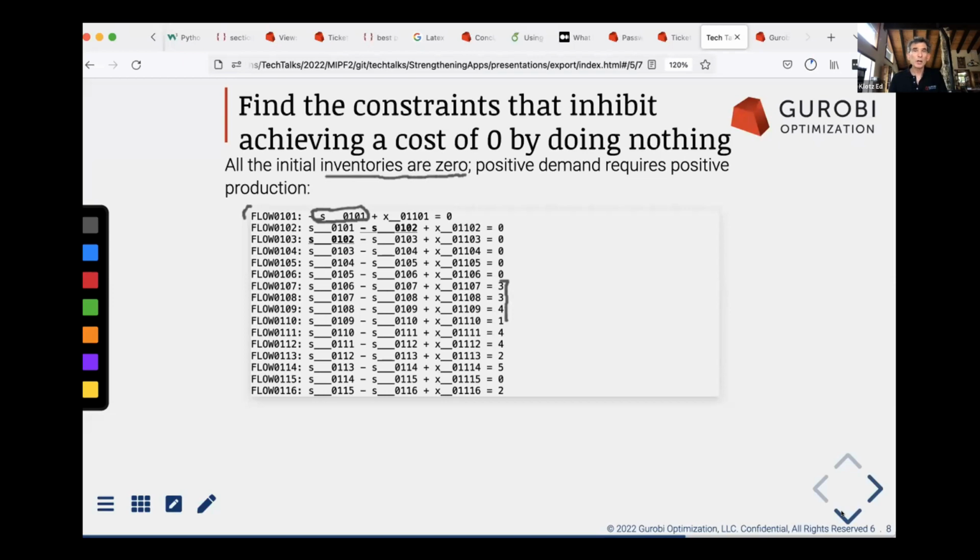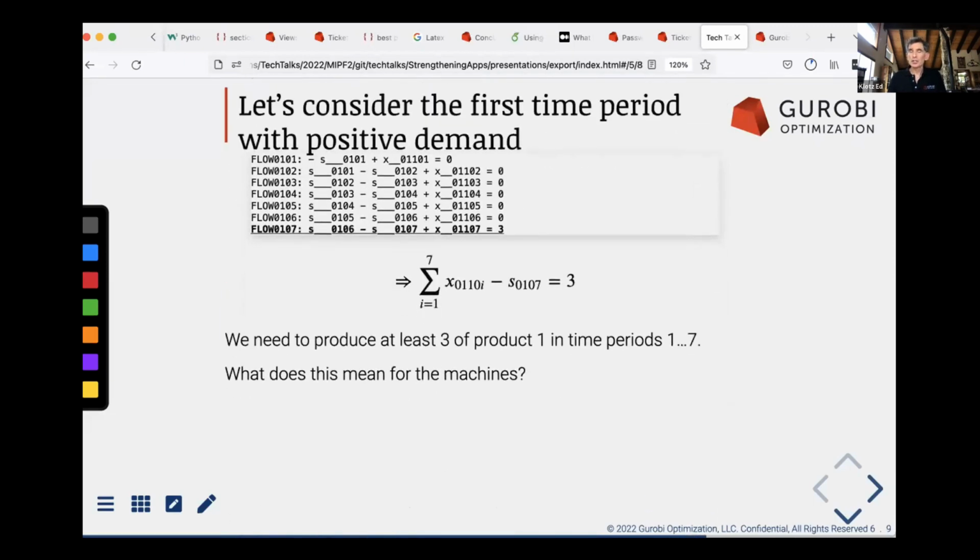So we can't do nothing. And once we have to produce something, we have to incur the operating costs of the machines that allow us to do that production. So let's drill down to just the first 7 time periods here, where the 7th time period is the first one where we have to produce something.